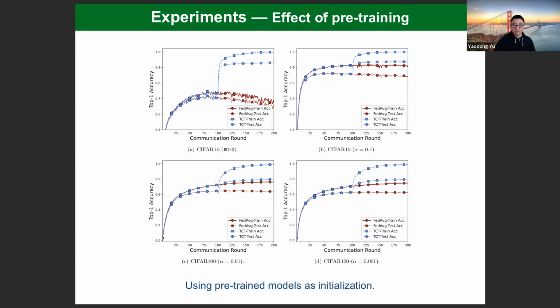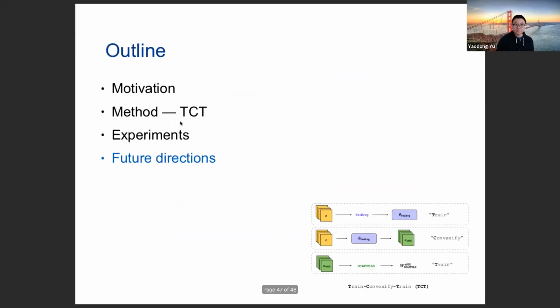It nearly closes the gap between the centralized and non-centralized cases. So overall, we can also leverage the pre-trained model as the initialization and further close the gap between the data heterogeneity case and the similar data case.